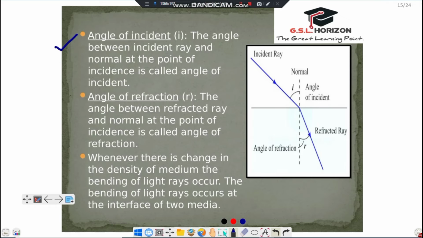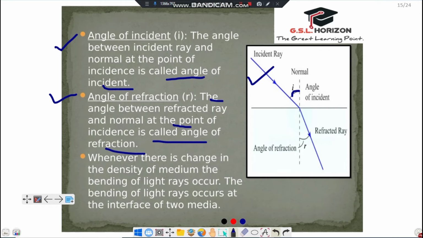The angle between the incident ray and the normal at the point of incidence is called the angle of incidence. Now the angle of refraction: the angle between the refracted ray and the normal at the point of incidence is called the angle of refraction.